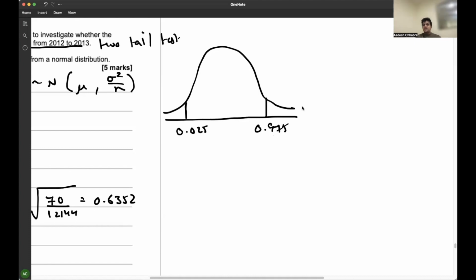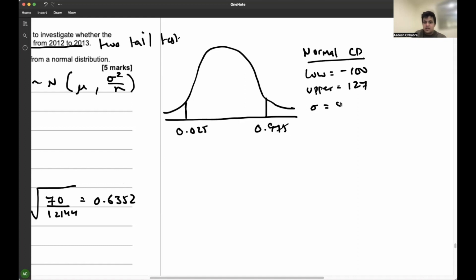Now what we can do is see if our value occurs outside of our tails or inside of our tails. If we do a normal CD on our calculator with the following parameters, where our lower limit is a really low number like minus 100, and our upper limit is set to 127, our sigma is what we calculated before, 0.6352, and our mu is equal to 123.